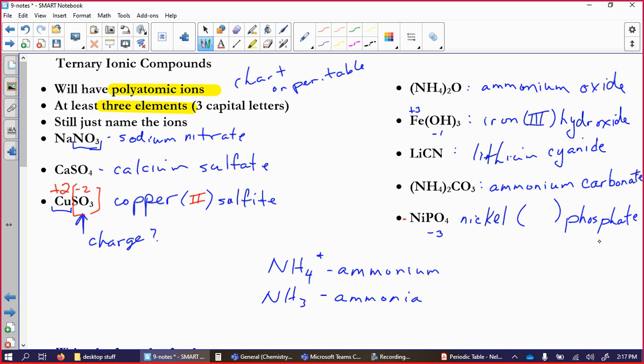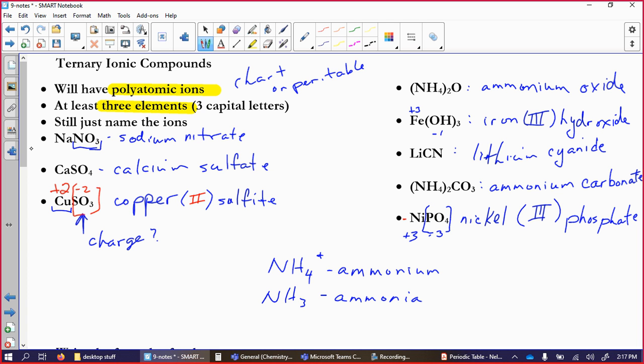So phosphate is -3. We have one phosphate. So if this is -3, the nickel must be +3. And this is where the mistake would be to say nickel is something ridiculous because there's 4 oxygens. There's one phosphate.